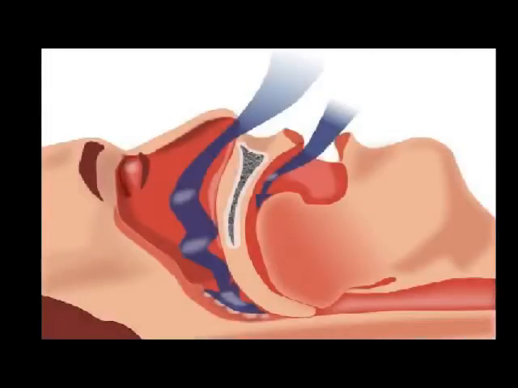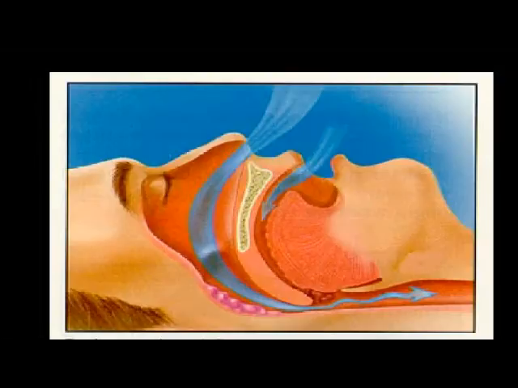Obstructive sleep apnea is broken into two different parts. So there's something called apneas. That's when these tissues in your airway relax to the point where they block your airway completely. That's an obstruction, and we call that an apnea, or a complete blockage. Now, if the tissues in the airway relax to the point where they don't block the airway completely, but they've decreased the airflow, we call that a hypopnea.